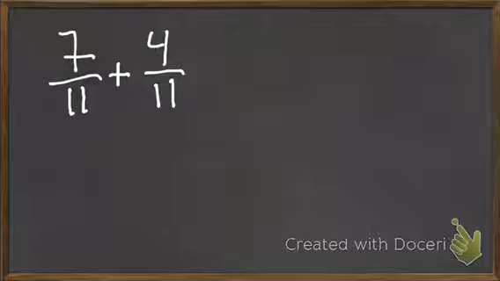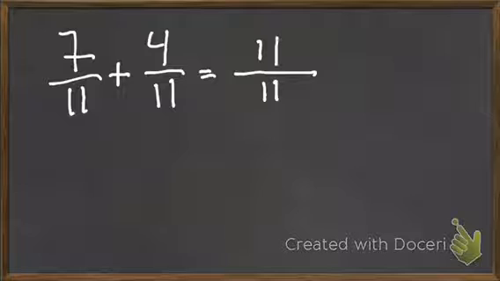Well, the key thing about fractions is that in order to add them or subtract them, the denominator has to be the same. Well, in this case, is my denominator the same? Yes. So you can simply rewrite your denominator and add the numerators. In this case, this will be 11. 7 plus 4 is 11.